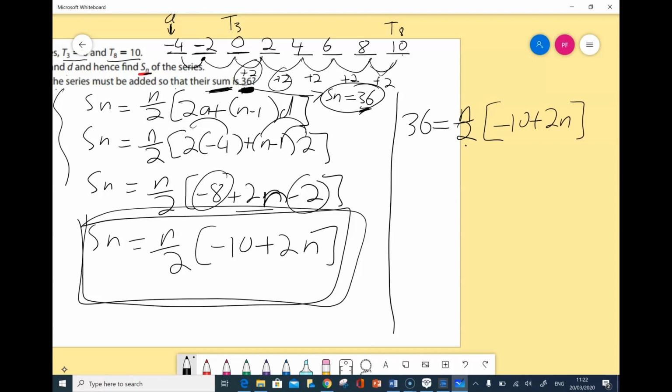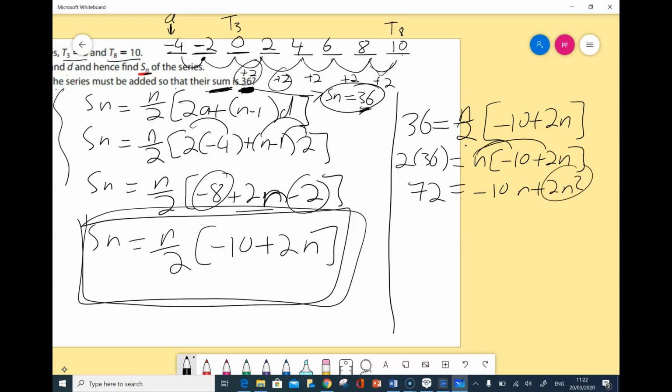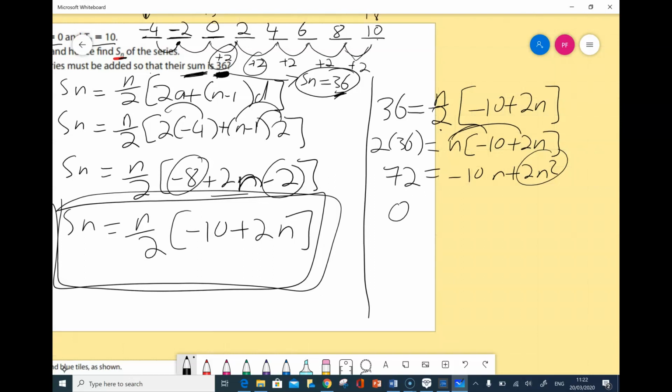Okay, this 2 is dividing, so I'll bring it across to multiply. So 2 times 36 is equal to n times minus 10 plus 2n. 2 times 36 is 72. n times minus 10 is minus 10n, and n times 2n is 2n squared. It's a quadratic. Something tells me minus b is on the horizon. I'm just going to bring everything to one side.